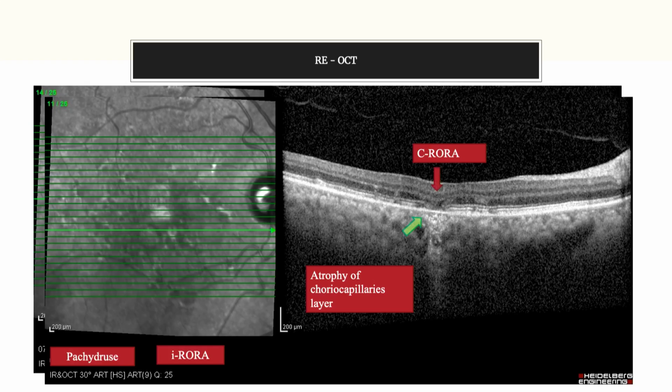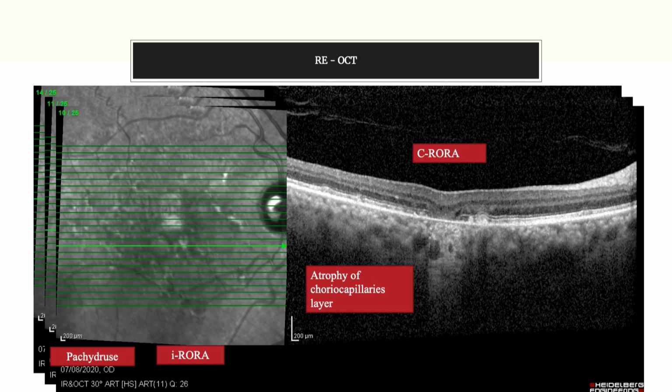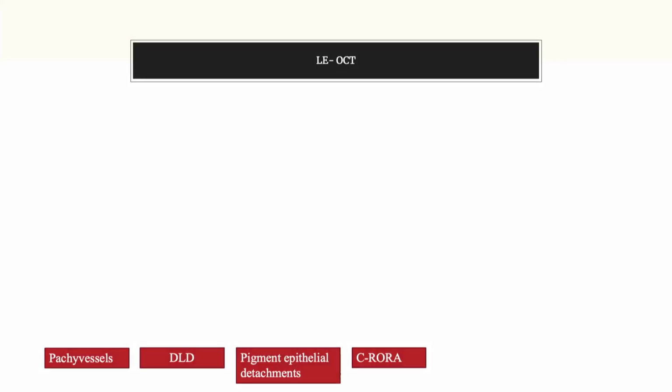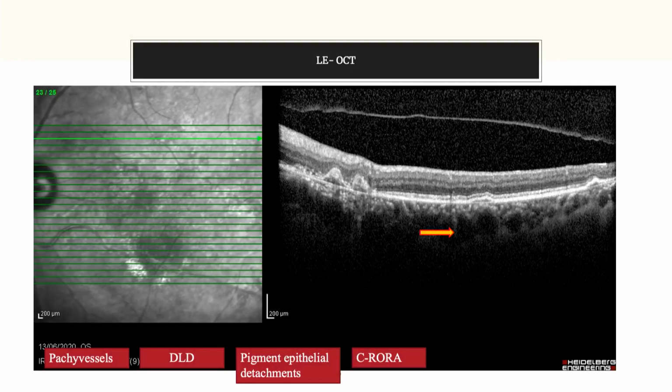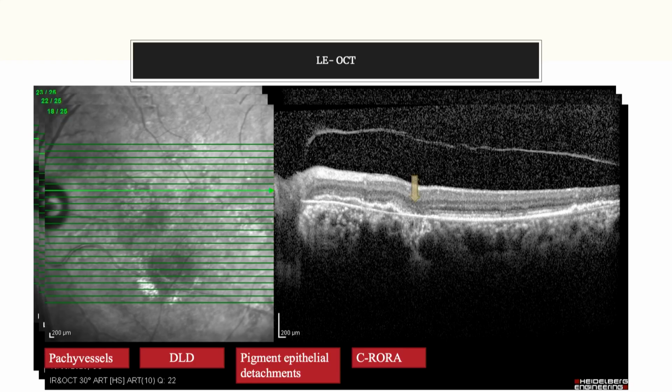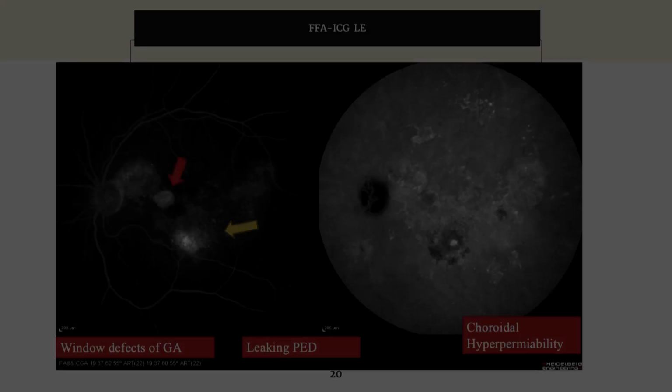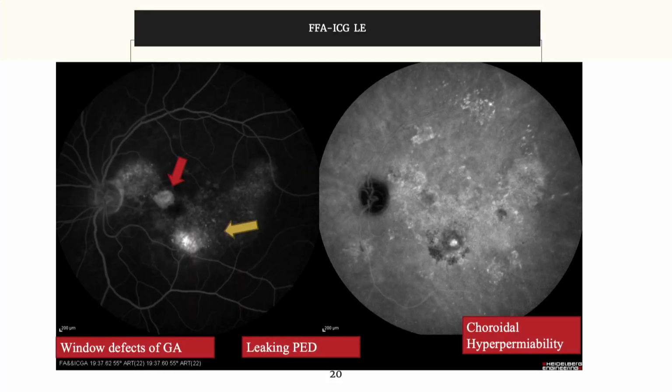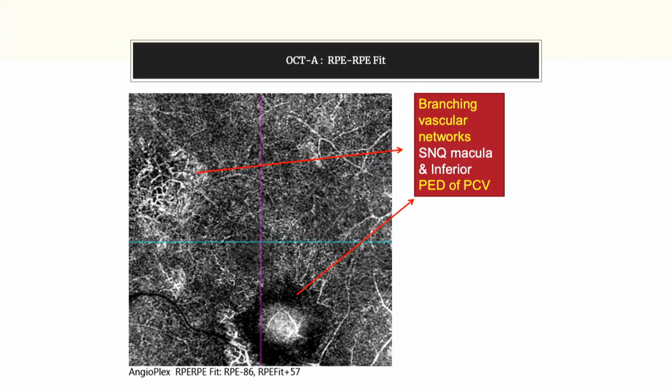These lesions are smaller than the age-related CRORA or geographic atrophy. The other eye shows RPE undulations, double layer sign, and also adjacent areas of geographic atrophy, pachychoroid geographic atrophy. Here you see a leaking PCV, and here you see a geographic atrophy.